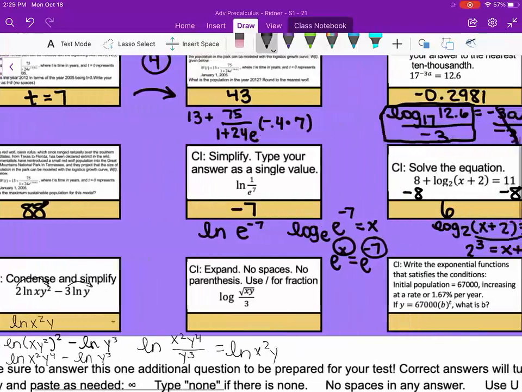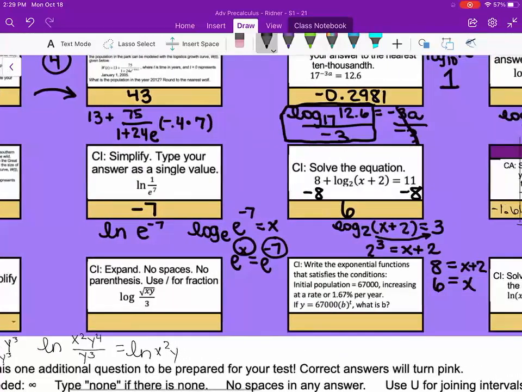Okay. Expanding, same idea. You must remember that square root of xy is the same as xy to the 1/2 power. So I would have 1/2 log of xy minus log 3.